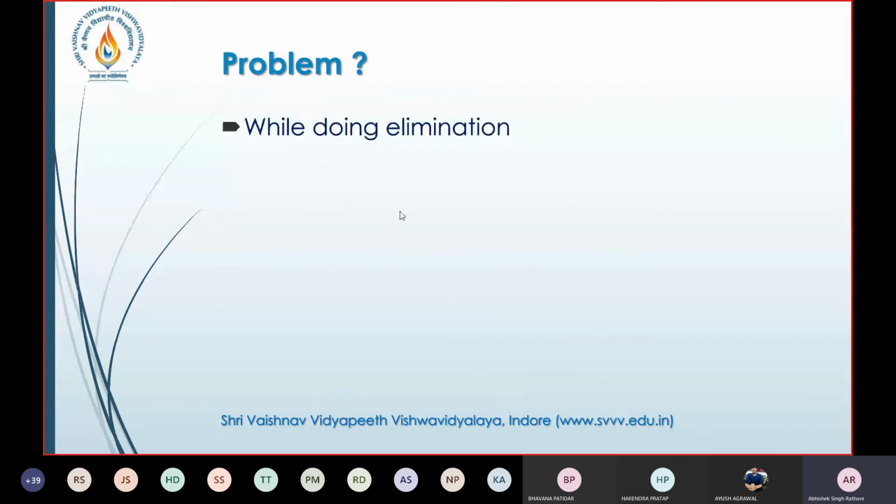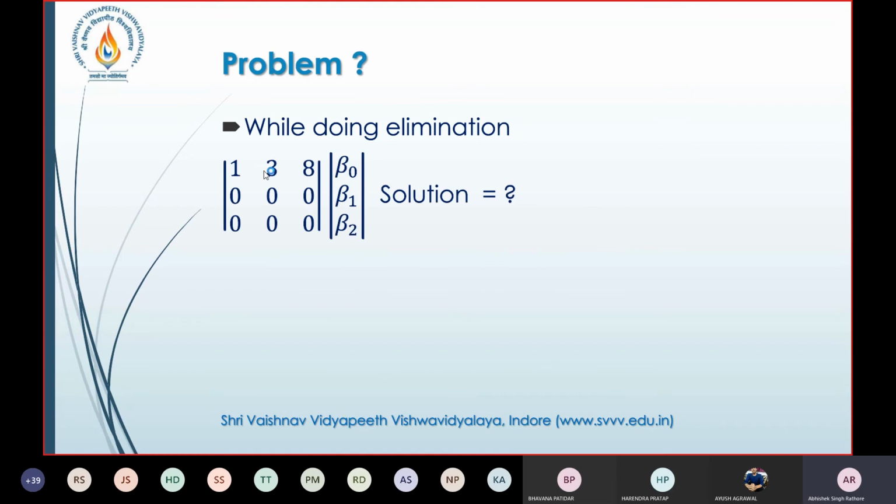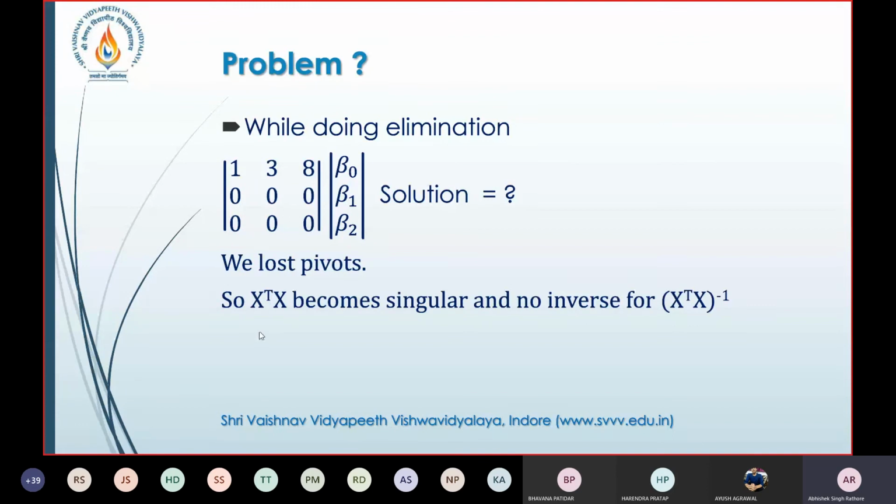Now what is the problem? So the problem is that while we are doing some elimination, let's say in my first matrix, we don't have a solution for this. So we lost our pivots over here. So it means that my X transpose X becomes singular and we don't have the inverse of X transpose X, जो मैंने यहाँ से start करा था.